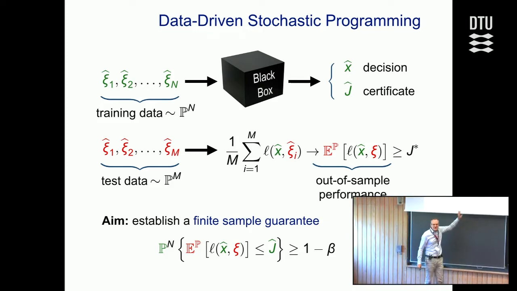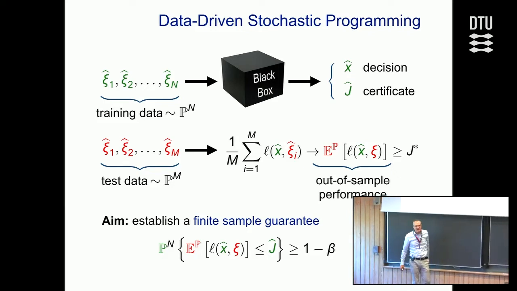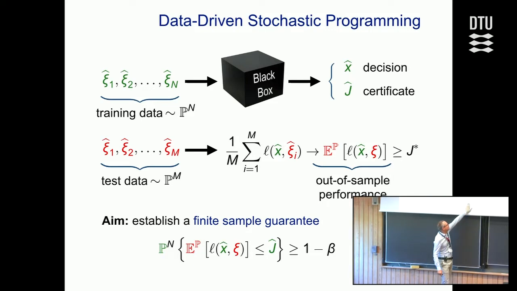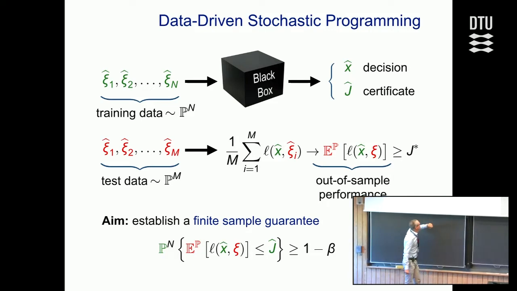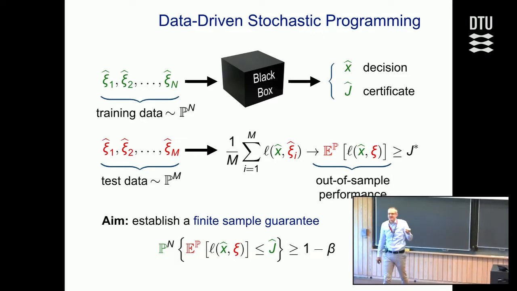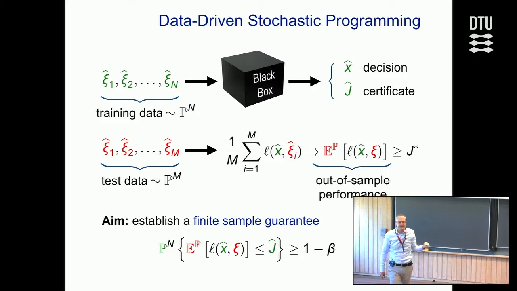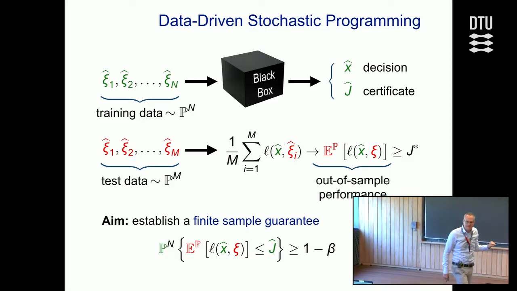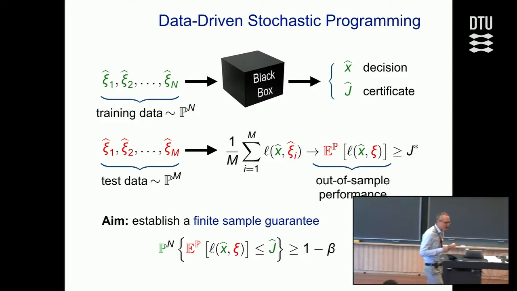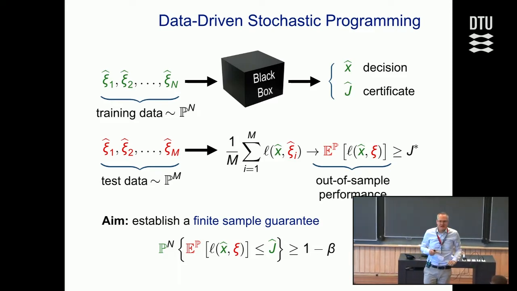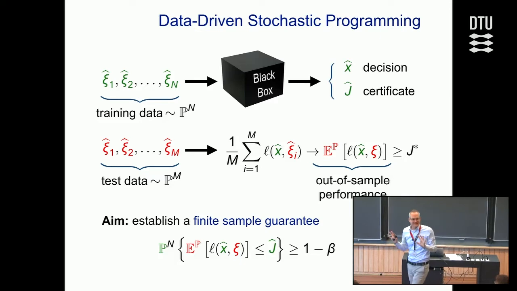So if I have such a finite sample guarantee, then I know if I implement the decision X hat, with a very high probability 1 minus beta, my expected cost if I implement my decision will be smaller or equal to this thing, which I can also compute at the beginning based only on the training samples. So that's something I know, right? So that's the guarantee that I have in advance before I implement the decision. Okay? Any questions about this? That's basically what we want to do.